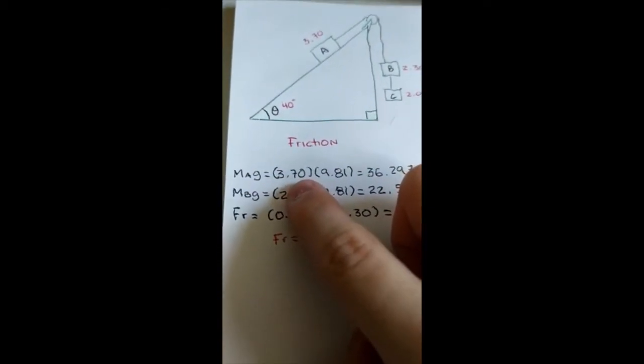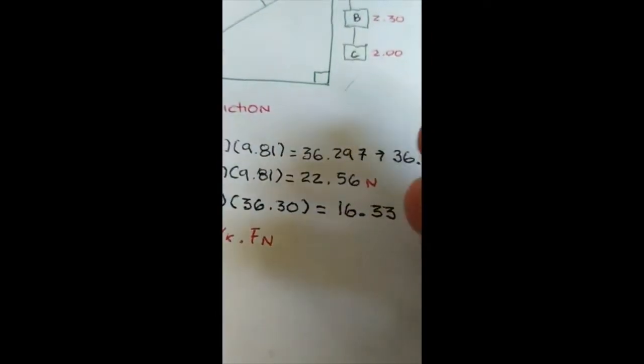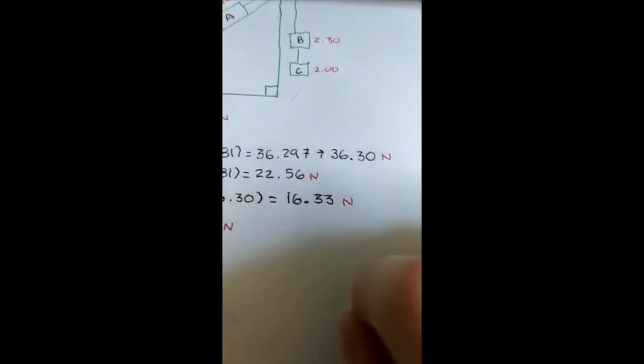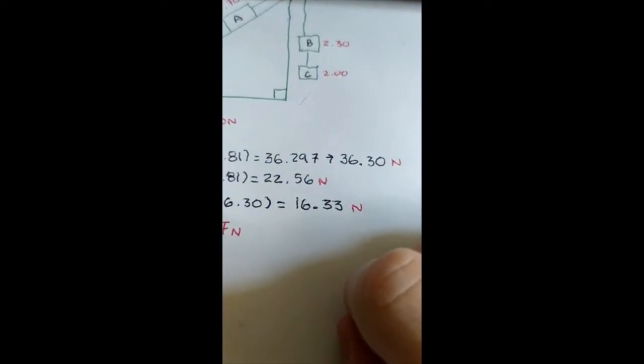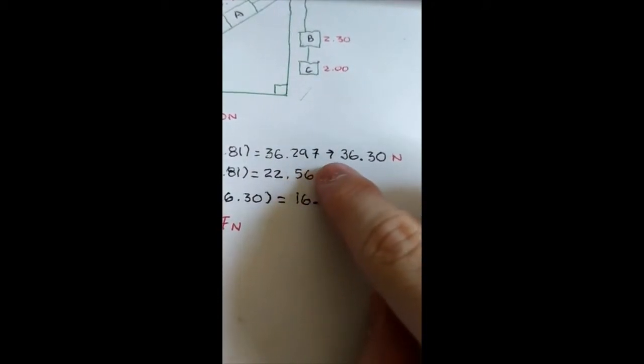So this is the mass of A, 3.70 by 9.81, which is the gravity. We all know that, right? The answer is 36.297. I just rounded it up to 36.30 newtons, but you can just leave it like that.